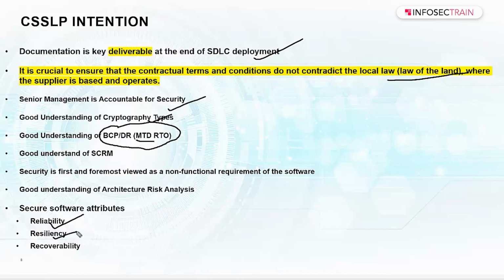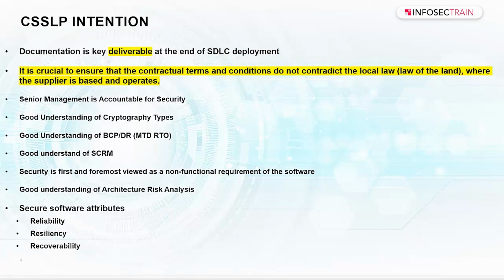It should be resilient against all kinds of attacks, and it can be recovered easily in the case of any attack. So the ultimate goal of introducing security processes in the SDLC is to make sure it is reliable, resilient, and recoverable in the case of any disaster. So you need a very good understanding of the difference between reliability, resiliency, and recoverability.